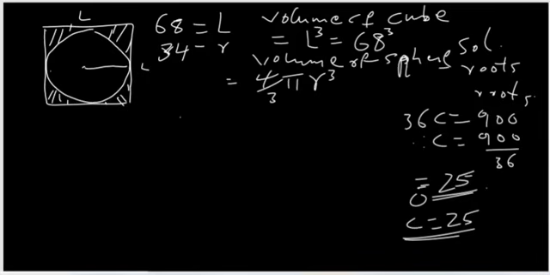Volume of the cube, 68 cubed. When we evaluate 68 cubed, what does it give us? Multiply 68 times 68 times 68.